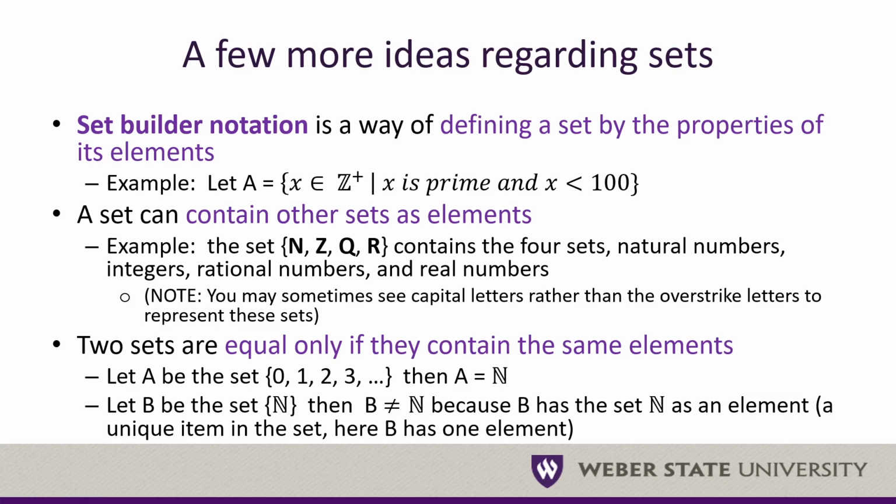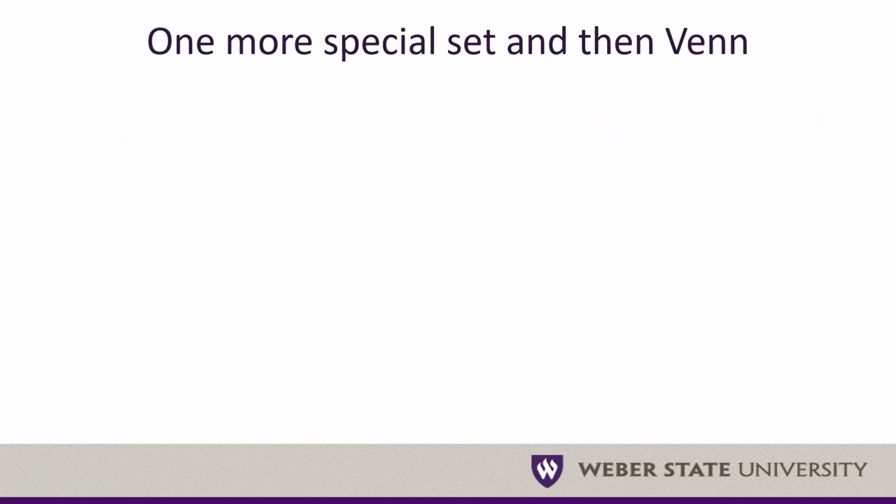And that means that they're not the same. B has only one set as an element, and N has an infinite number of integers as elements. So a set inside a set is not the same as the set itself. And we will see that when we talk about some other things coming up.